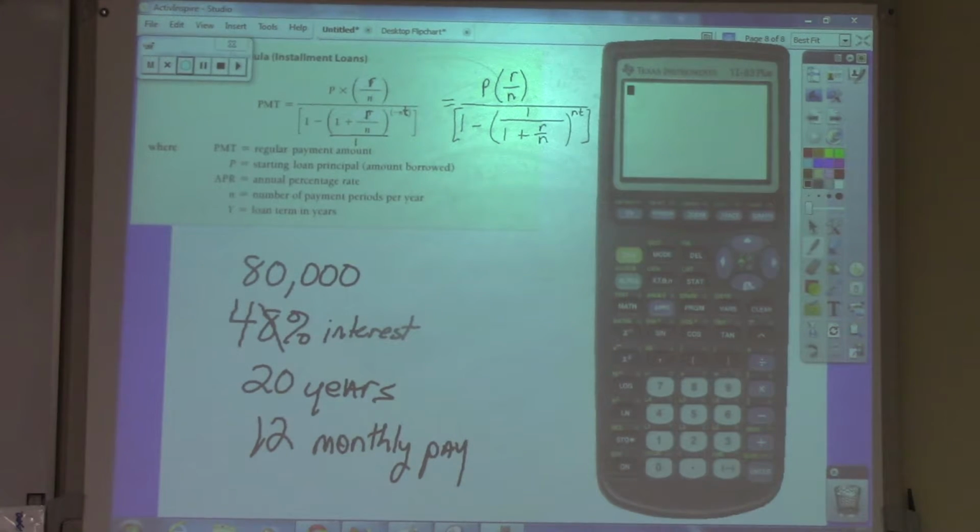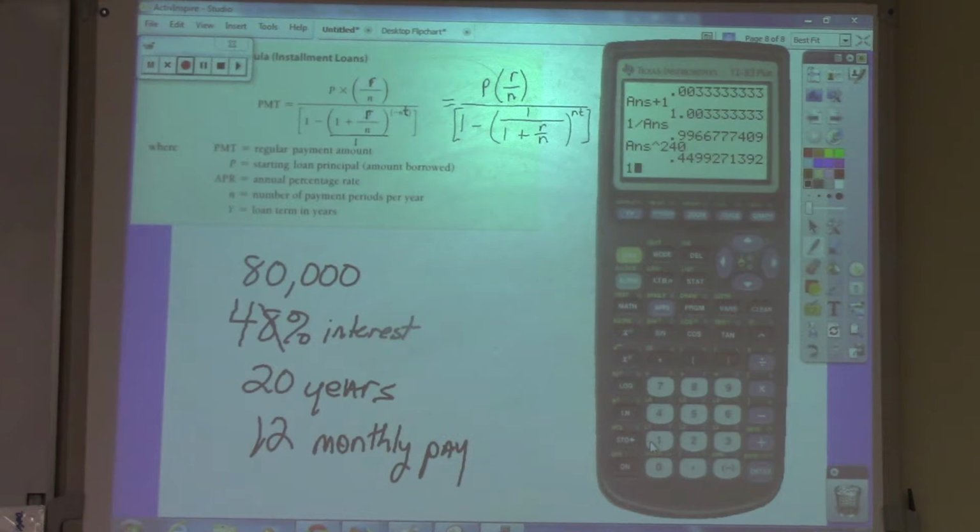The 0.04 divided by 12 plus 1. 1 divided by that, inverse answer. And raise that to the what? 240th power.